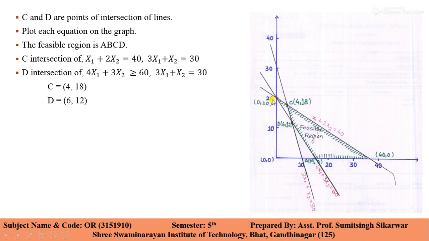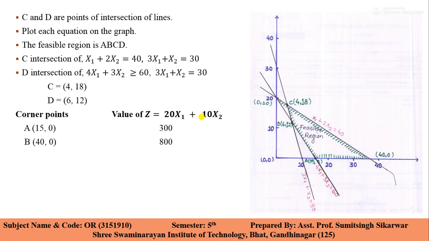So all the corner points are now placed, and we will place the values of those points in z is equal to 20x1 plus 10x2. Our first point A with (15, 0) will give the value 300. Our next point B with (40, 0) will give you the value of 800.